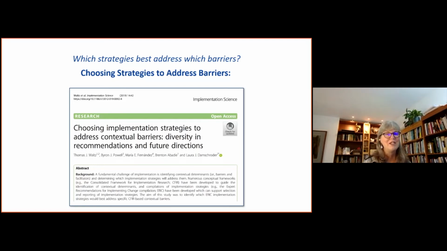So I'm just going to skip over the top here, but this paper, published in Implementation Science, gives all the details of the study methods and results. But in a nutshell, we really did not have a lot of consensus about which strategies to use to address which barriers. It turns out that even though we have lots of constructs within the CIFAR, they're still pretty high level.